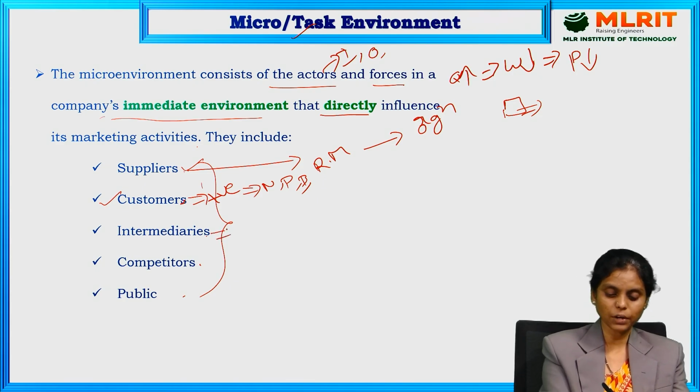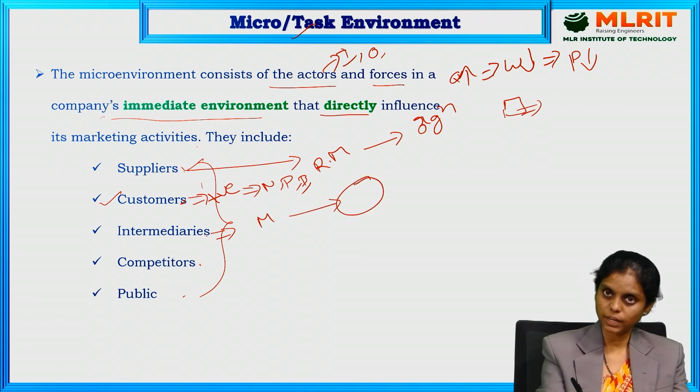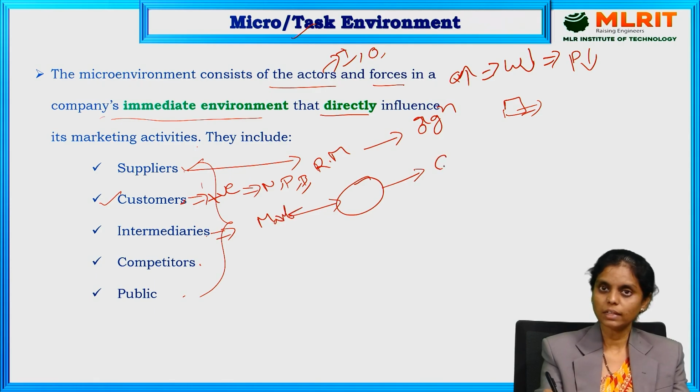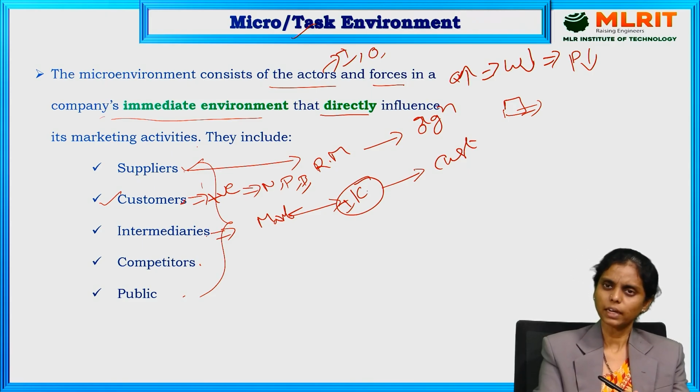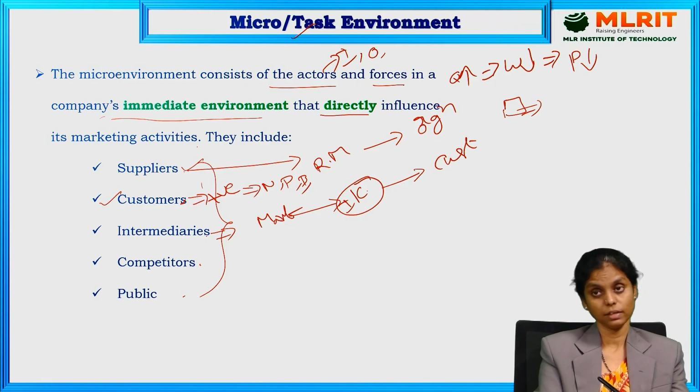The next one that we have is intermediaries. Now, who are intermediaries? All those people or channels who are present between the manufacturer and the customer. All these channels, we call them intermediaries or marketing channels. Do marketing channels play any key role? Yes, definitely.